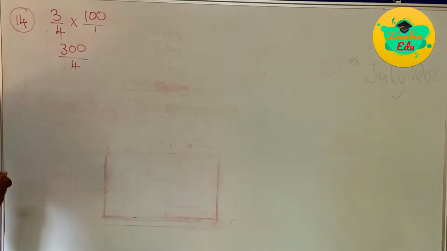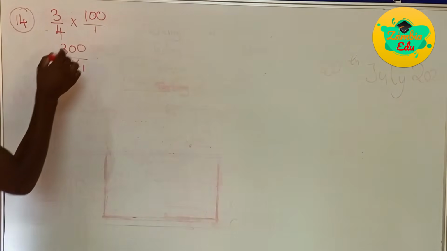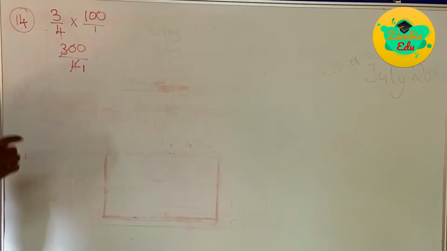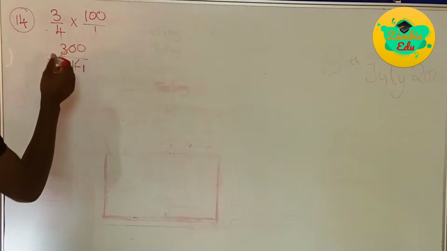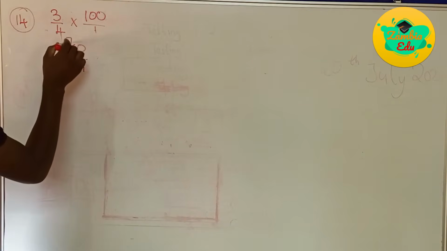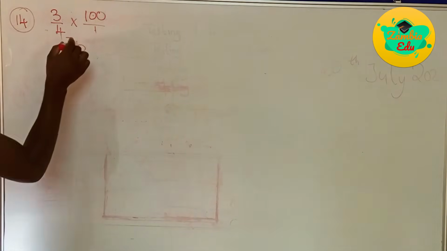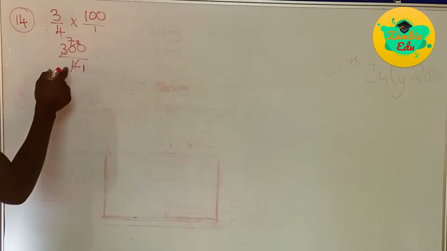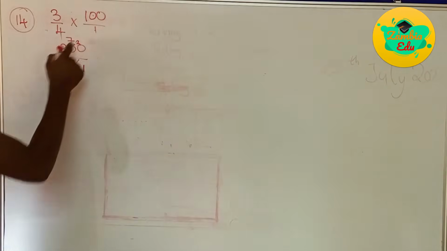To make things easier, we can say 4 into 30, how many times does it go? Can anyone mention how many times? Okay, so 4 into 30 goes 7 times. 4 times 7 gives us 28, which means that there's a 2 that remains.